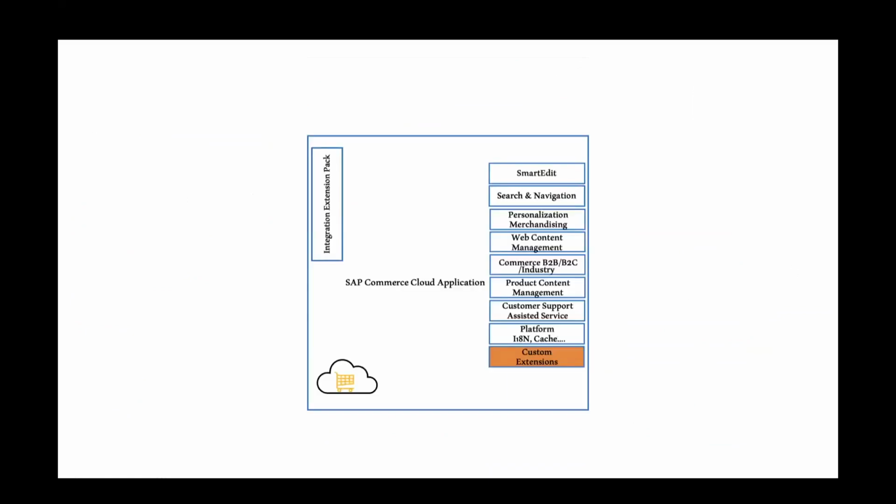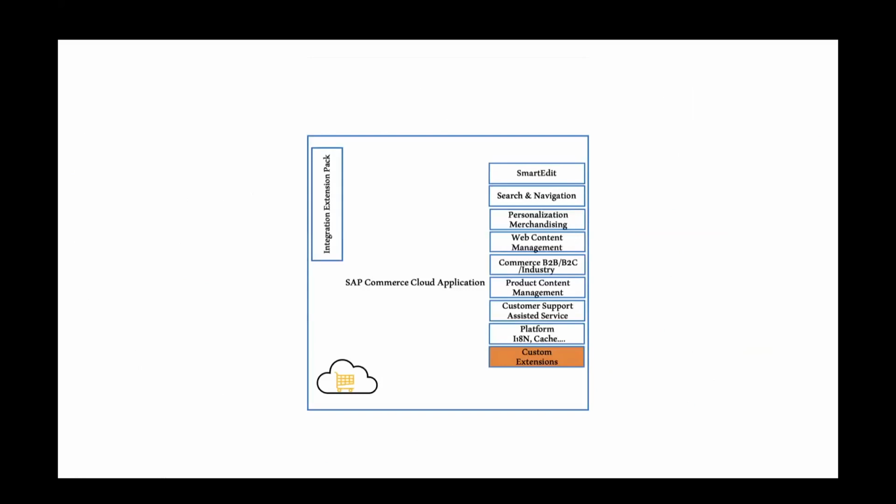If you see, SAP Commerce provides a package which has some extensions and add-ons. These extensions and add-ons are nothing but, you can say, separate modules which provide different features which can be used by anyone according to the requirement.